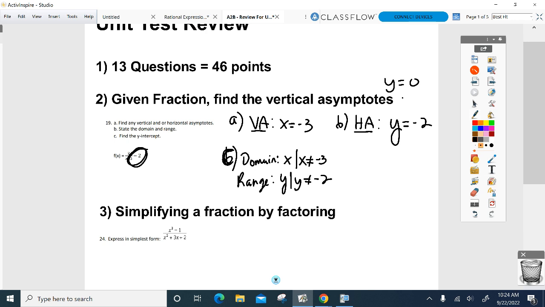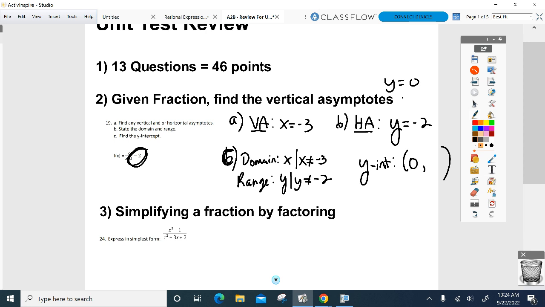And now y-intercept. A couple different ways we could get to it. Remember, it's always 0, something. You can use your table of values and see where the y value is, where x equals 0. Or you can plug 0 into the graph for x. Either way. Okay? I don't care what you do tomorrow. Find a way to figure it out, though.